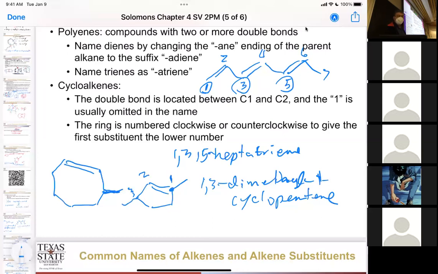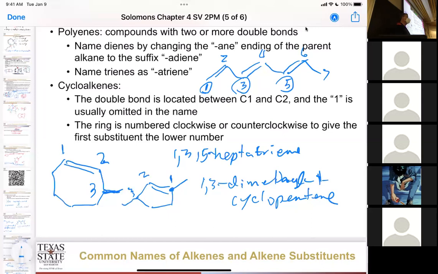Now, if we started labeling here, we could call it 1, but can we do that? Can we start labeling here as 1? We have to start here because we have to have 1 and 2 go through the double bond, which makes our substituent number 3. Right here.